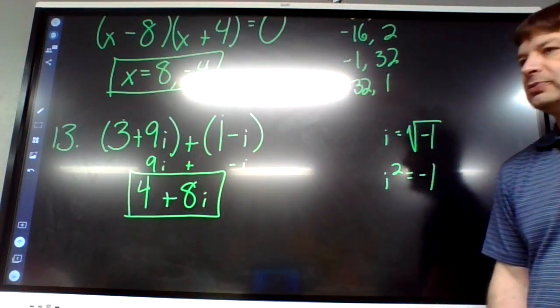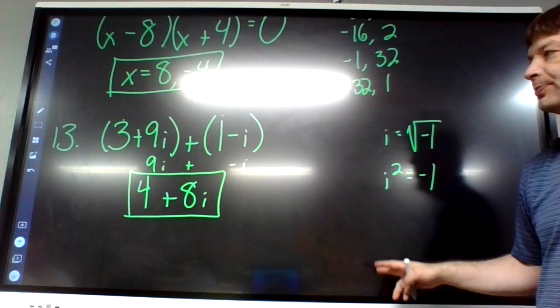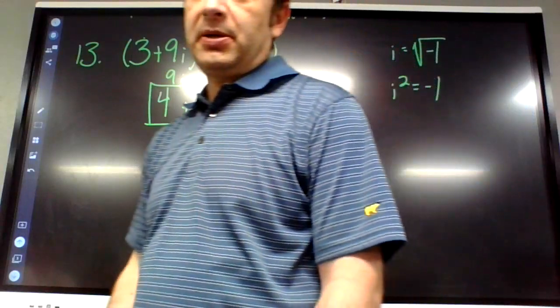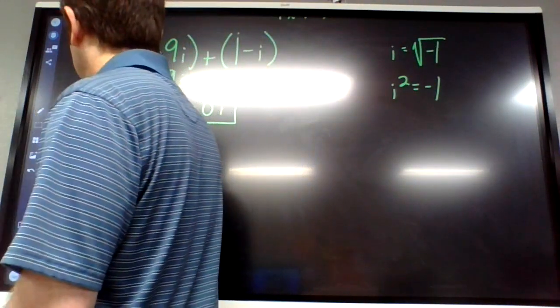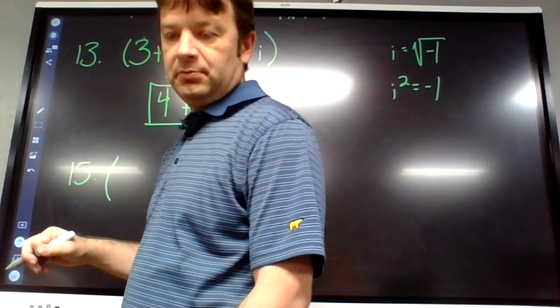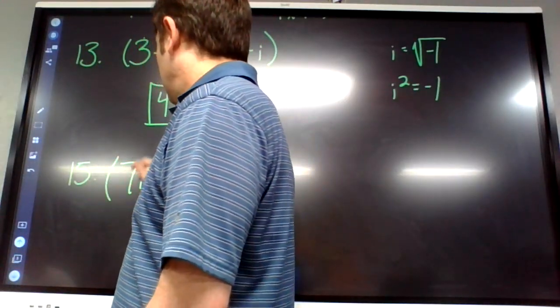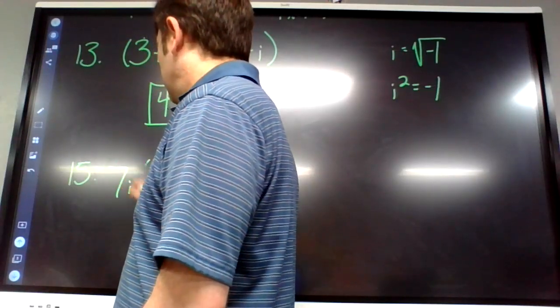Okay, it's not i squared because you get i squared when you multiply. On 15 we're going to get i squared because we're multiplying. Oh, I got this one easy. 21i plus 7i squared. That's the first part.